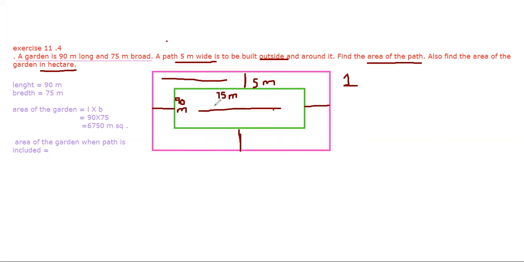Now, as we said, 10 chocolates we have, 75 meter and 90 meter, and now we add 5 more chocolates to it. So what will it become? This, the breadth, which is 75 meter, will become 85 meter.